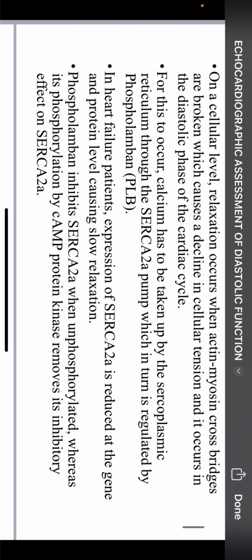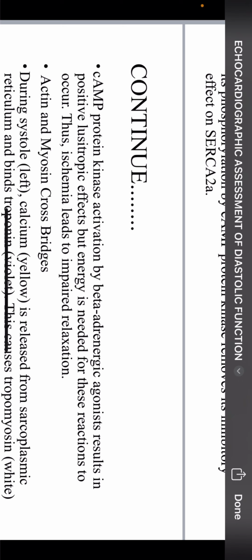When do we need it to be inhibited? When we need a lot of calcium in the cytoplasm, it should be inhibited. But if we don't need it there, it should not be inhibited. It should be left to act fast to take away the calcium, and then the sarcoplasmic reticulum, at the time of contraction, should release a lot of calcium.